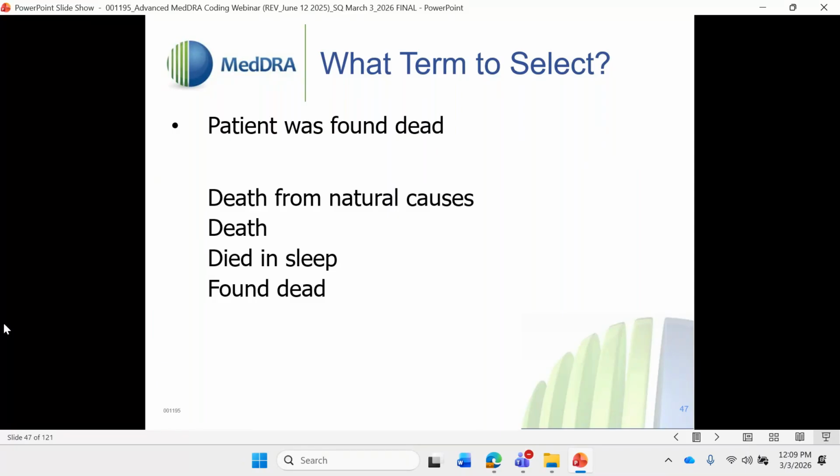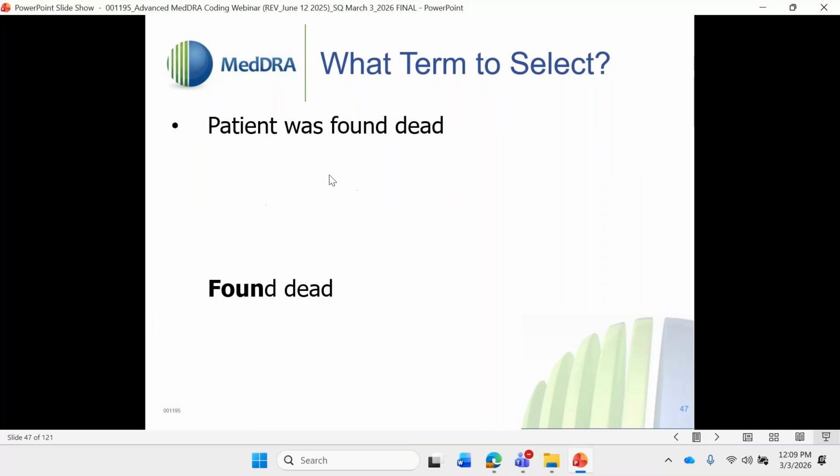Death from natural causes, I don't know. I wasn't there. What is known and what is in the verbatim string is that he was found dead, and you would be surprised to know that we have an LLT for found dead. As you become more and more familiar with the MedDRA dictionary, you'll see what's there. But it's always a good idea to look in the browser and see all that's available. You never know, you may find an exact match when you didn't think there was one.